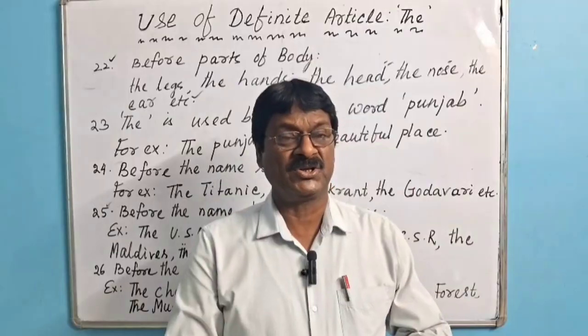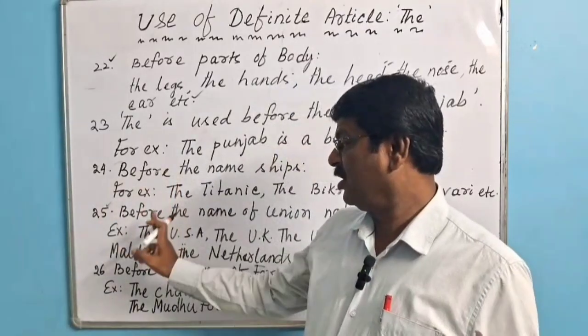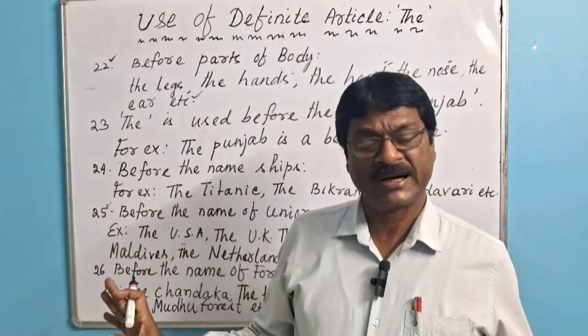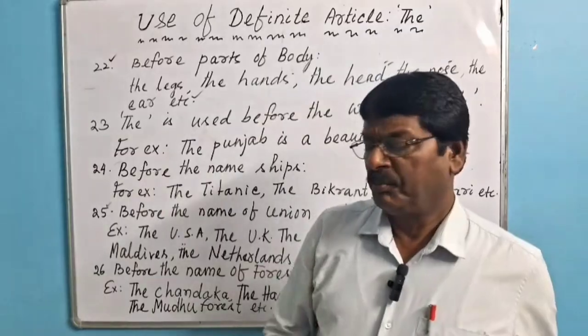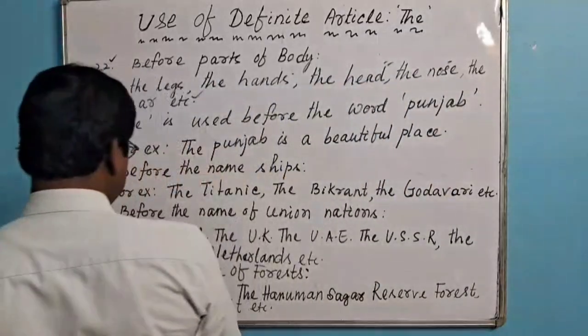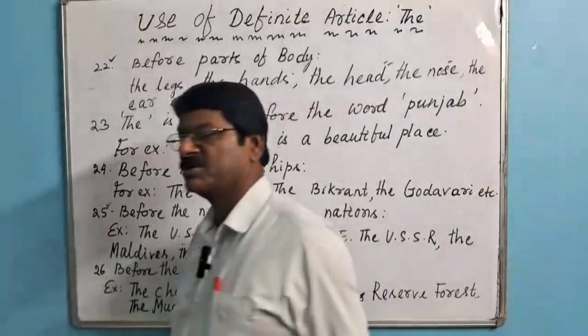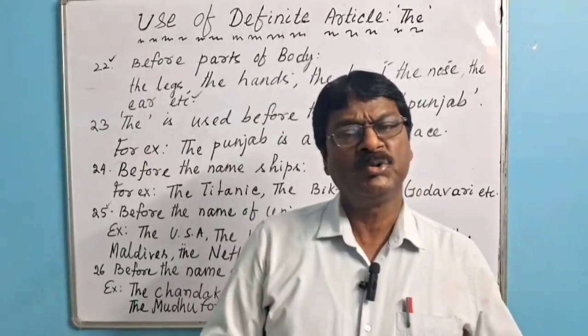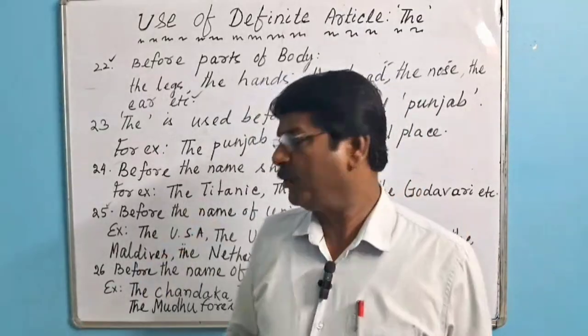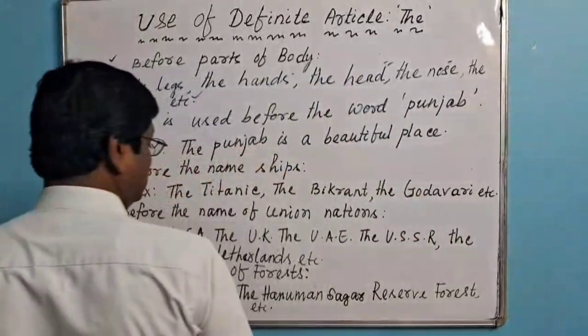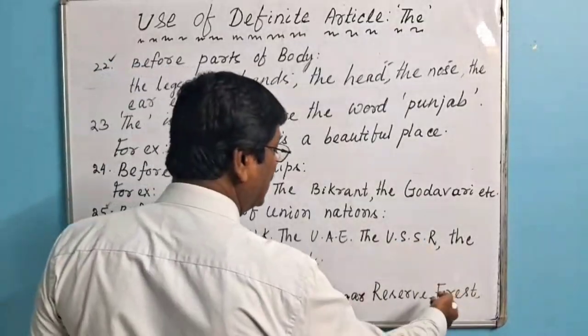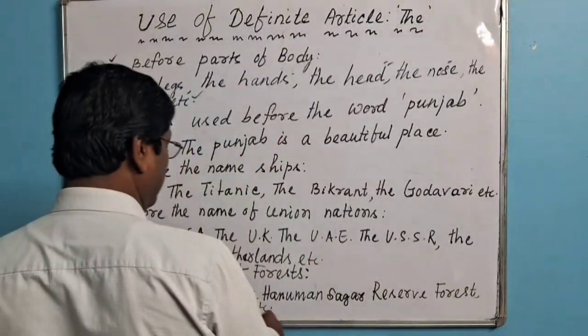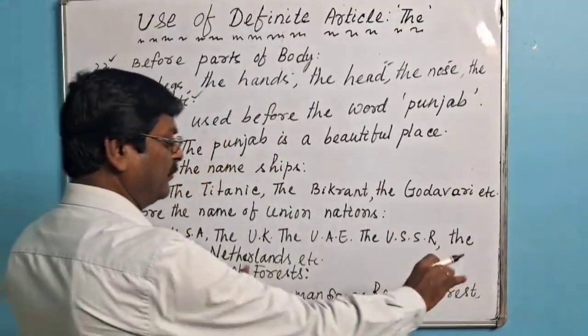Before a union of nations, always the is used. Clear? Then point number 26. The is used before the name of forests. For example, the Chandaka, the Simlipal reserve forest, the Madhu forest, etc. These are the names of the forests.